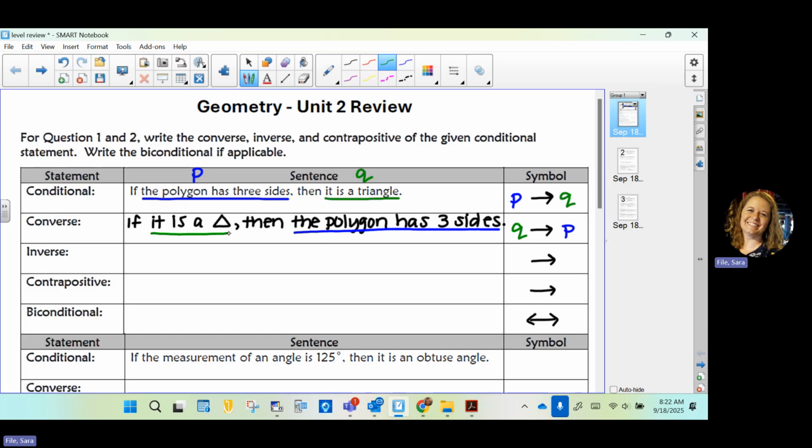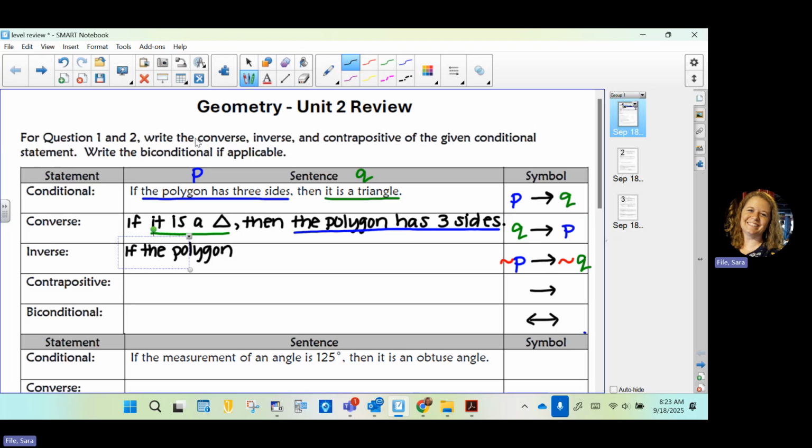Okay, who remembers what the inverse does? Does the opposite. It negates both the P and the Q. So the order stays the same, but we add in the negation. And remember, the symbol for the negation is the tilde. So that reads not P, if not P, then not Q. So when I go to write that, I'm going to say if the polygon, now make it make sense, make it grammatically correct.